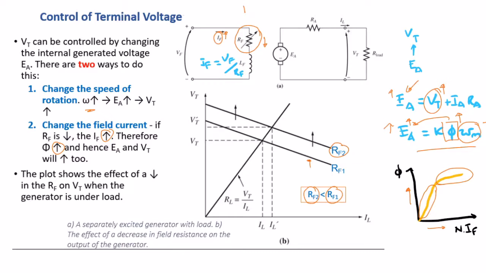But when we reduce RF, the line will be shifted up. This is the new one. As you can see here, this agrees with what we saw before: when we reduce RF, the VT will be increased, regardless of the value of IL.